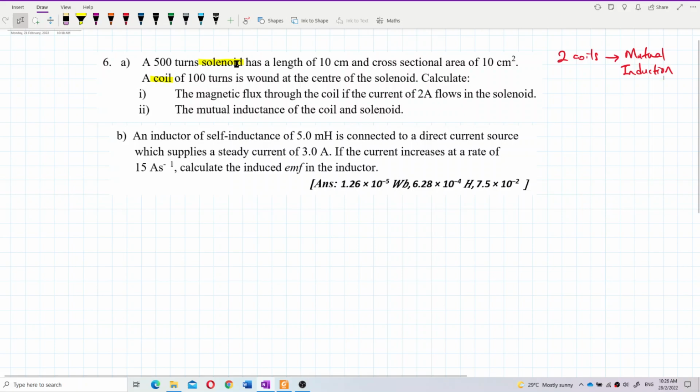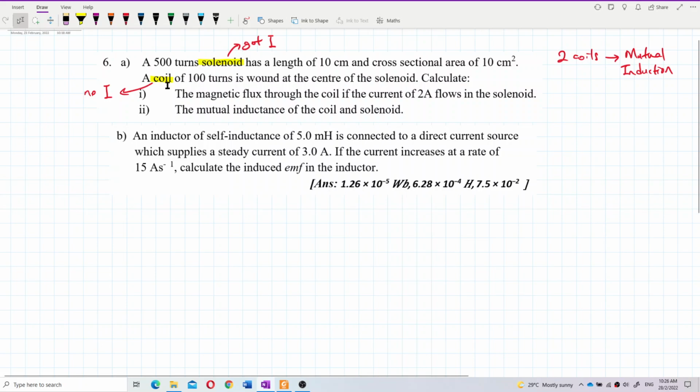Anyway, there's a difference between solenoid and coil. Solenoid normally has current initially, but the coil has no current initially. The solenoid initially has current that produces magnetic field, and then the coil is the one that receives the magnetic flux from the solenoid.